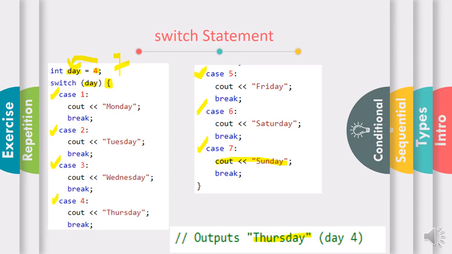When the value of a variable is met with a particular case, that case will be executed and the rest of the cases will be skipped. The break statement at the end of a case will make the flow of control come out of the block.